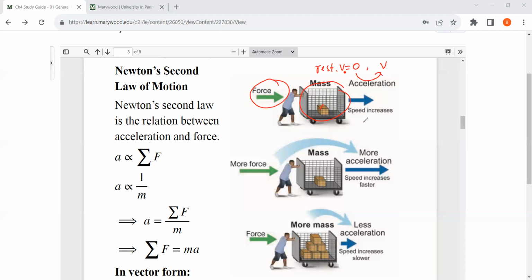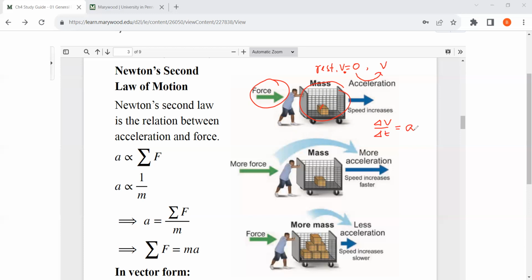When velocity changes, meaning delta v in some time, it means it has some acceleration, right? So when you apply some force on an object, it accelerates, it changes velocity, right?